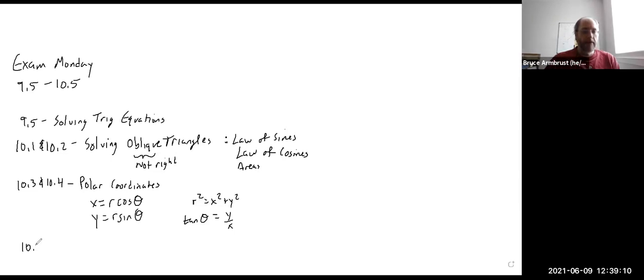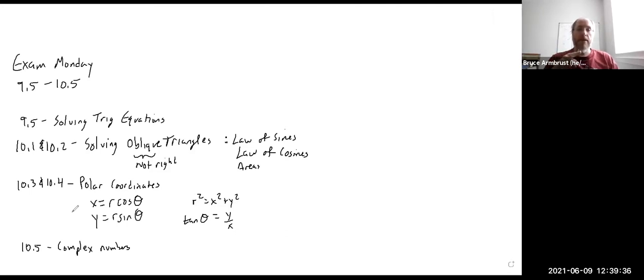And then 10.5, this was the complex number stuff. And this actually kind of lumps back into polar, because that's all we're doing, we're converting them to polar. We're just looking at the complex plane. So instead of x's and y's, we're looking at reals and imaginaries.